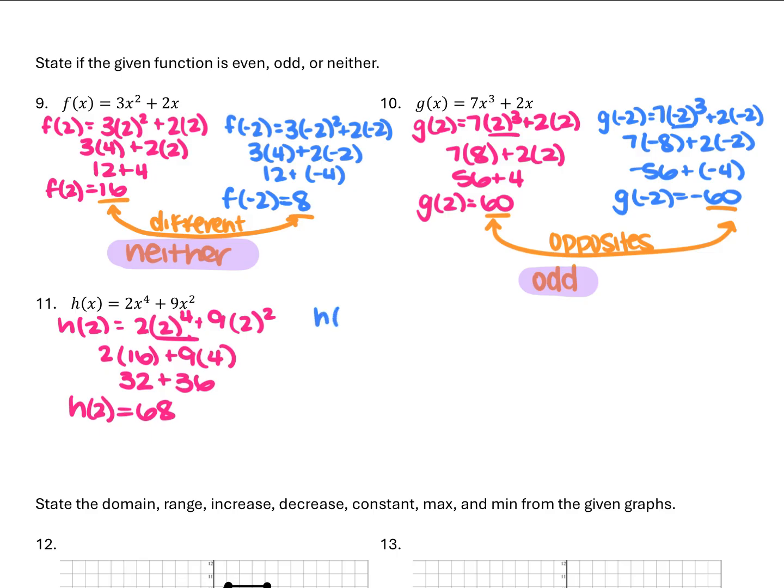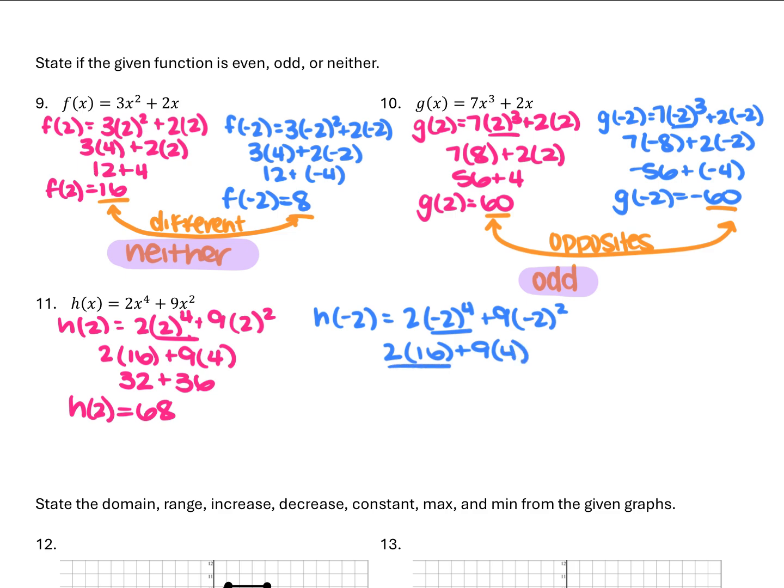Next, you're going to find h of negative 2. So that's going to give you 2 times negative 2 to the 4th power plus 9 times negative 2 squared. Your negative 2 to the 4th power is going to give you 16. Your negative 2 to the 2nd power is 4.